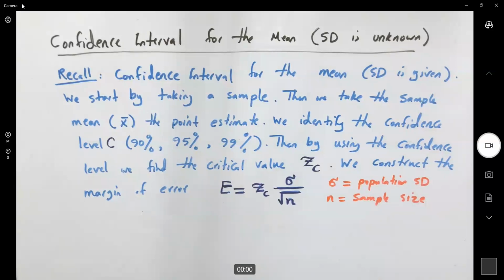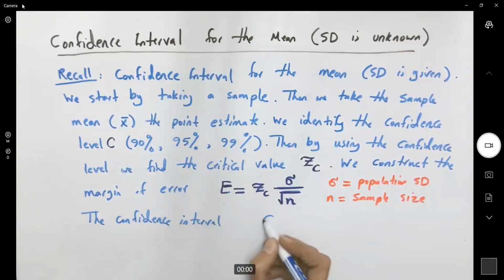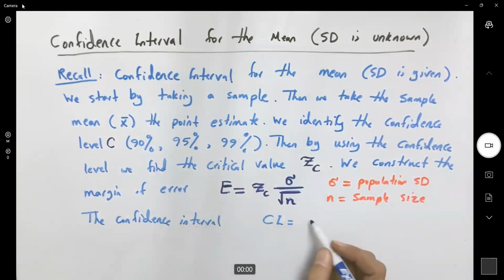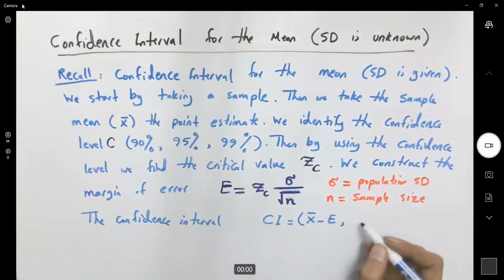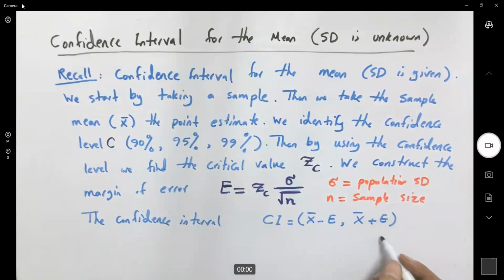Now that we have E, the margin of error, the confidence interval CI was an open interval, open X bar minus margin of error, comma, X bar plus the margin of error. Am I right? Well, this is my confidence interval.